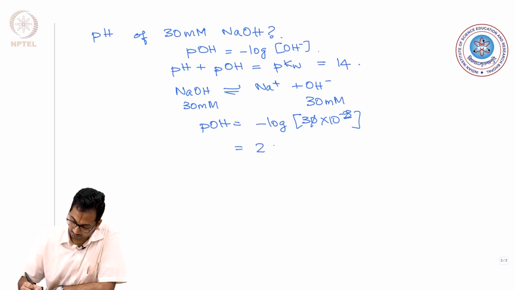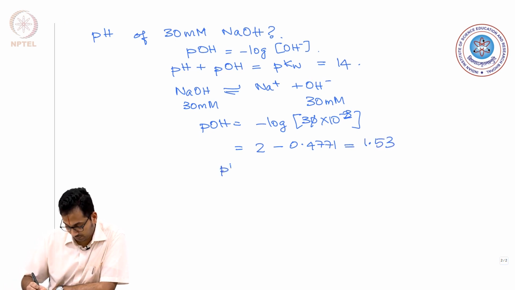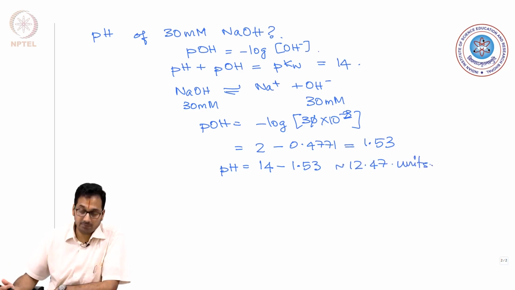This is going to be 2 minus log 3, which is 0.4771. So, that will be equal to 1.53 in pOH. Therefore, the pH for this solution is going to be given by 14 minus 1.53, that is going to end up becoming approximately 12.47 units.